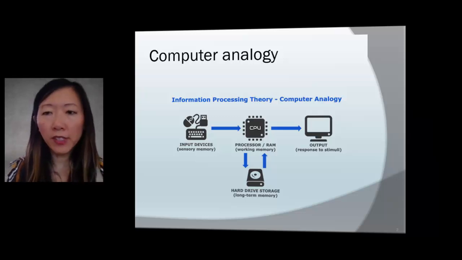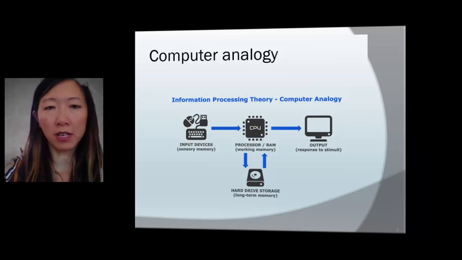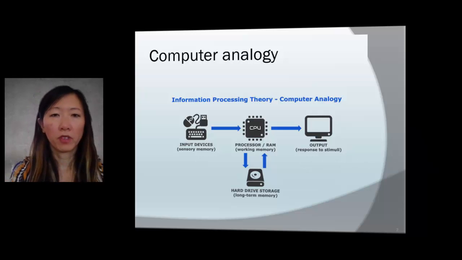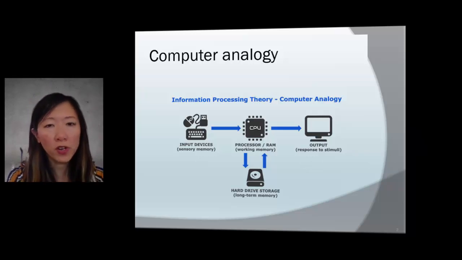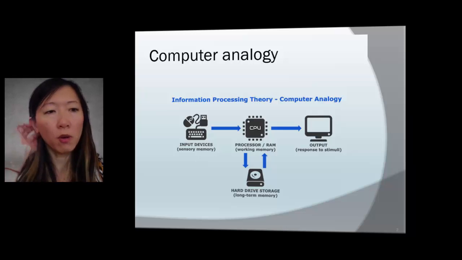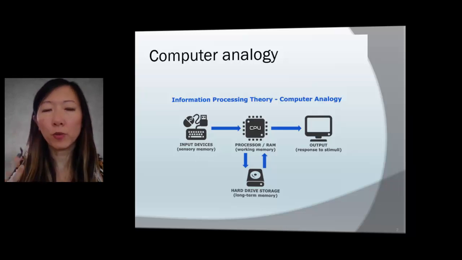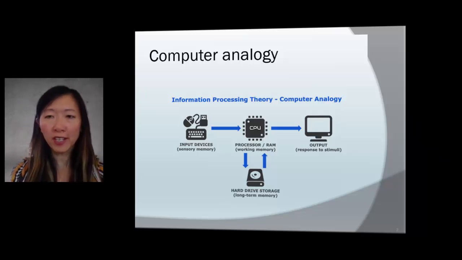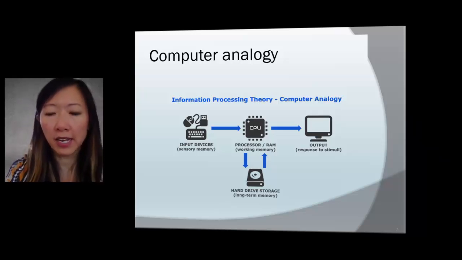So it's the same type of system as we would consider our brains to be. Our computer analogy is very similar to what we think of when we weren't sure about the process of our brain. We're able to look at the computers and make that comparison.